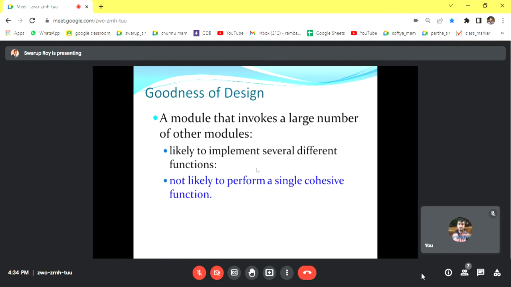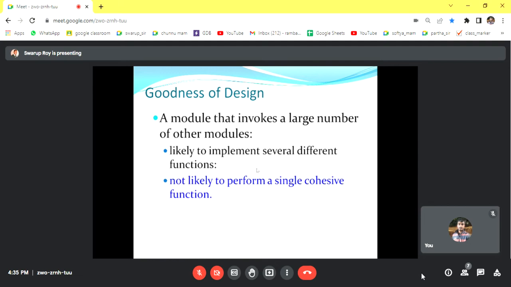So then in such cases, as I mentioned, if the fan out is very high, then it needs to invoke a large number of other modules. It is likely that many different functions have to be implemented.